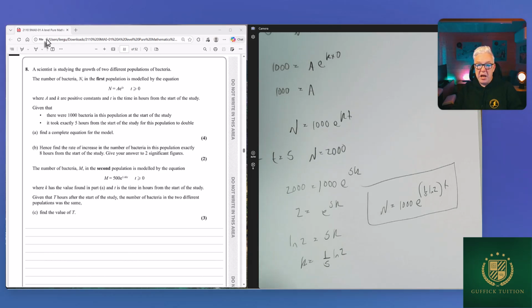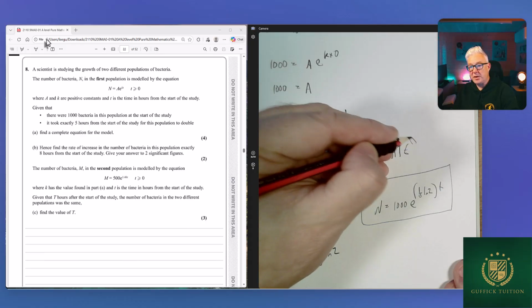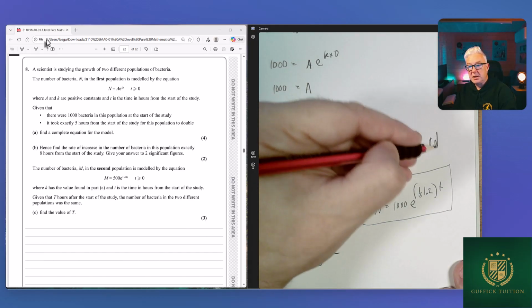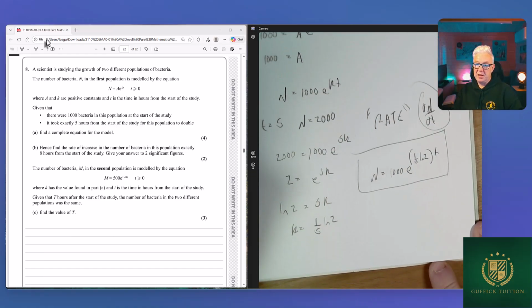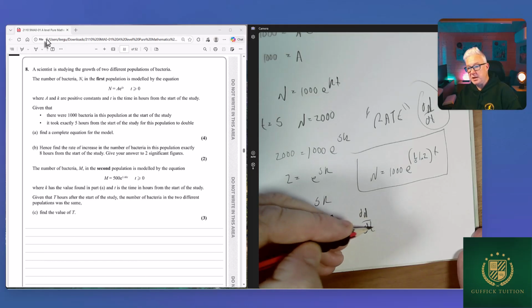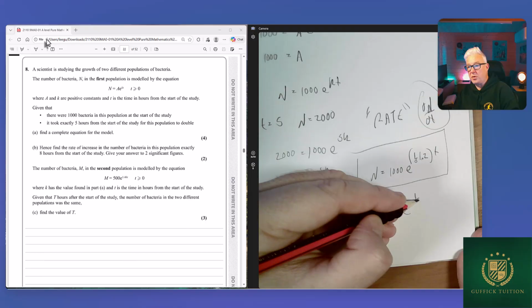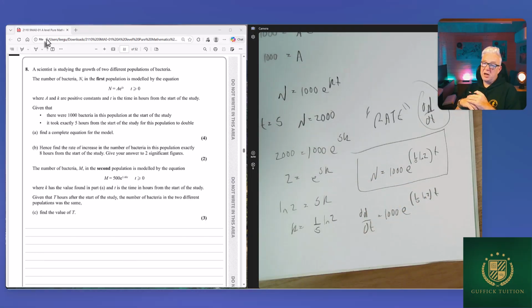Now, the key word there is the word rate. Okay, so when you see that, it's implying that we need to differentiate. So we need to find out what dn by dt is. So let's differentiate this then. dn by dt is going to equal 1,000 e to the 1/5 ln 2 times t. And we've got to times this by the derivative of the inner function.